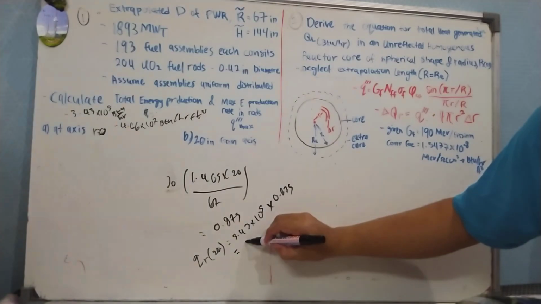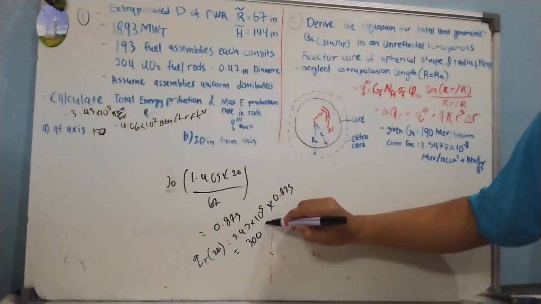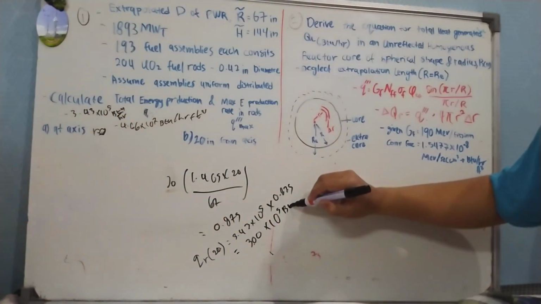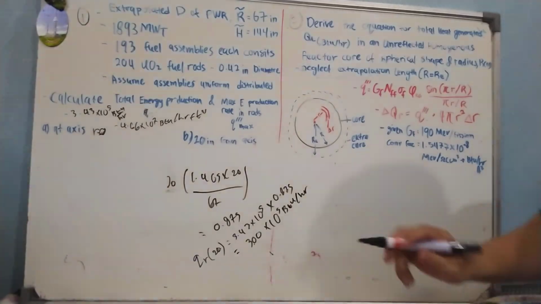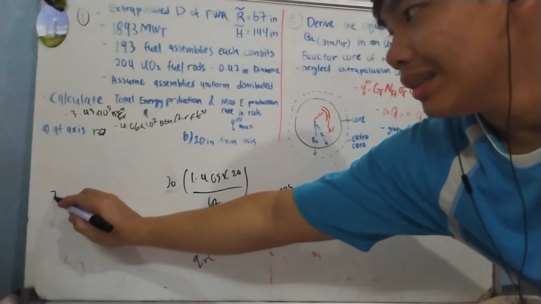We get 3.0 times 10 power of 5 BTU per hour.